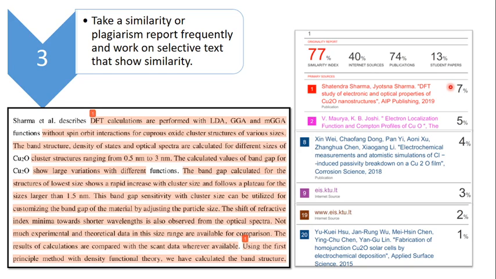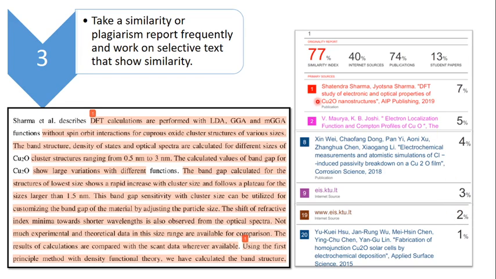So one needs to work on the sources such as 7%, 5%, 4%, 3%, and one can skip the lesser similar values such as 1% or 2%.